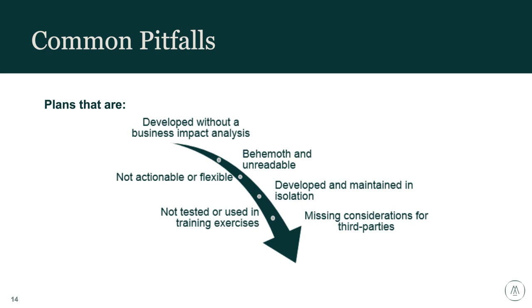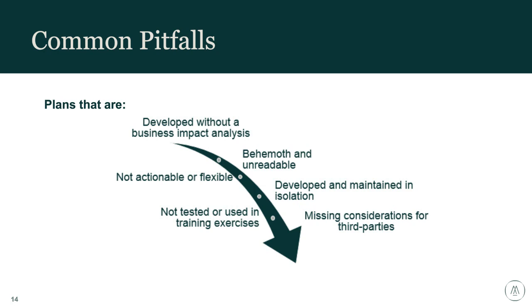So what are the resources, the people, the financing that is needed for each of those essential functions, and then assessing and prioritizing that downstream impact if services are disrupted. We also see a lot of very large, clunky, unreadable documents come out of this. No one wants to look at it. They aren't actionable or flexible for these changing times when we're in crisis.